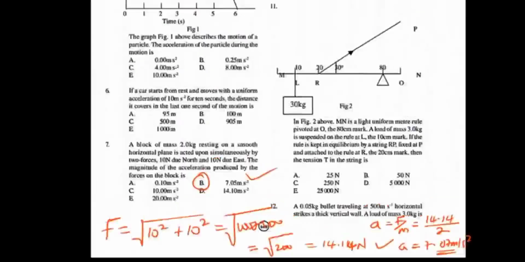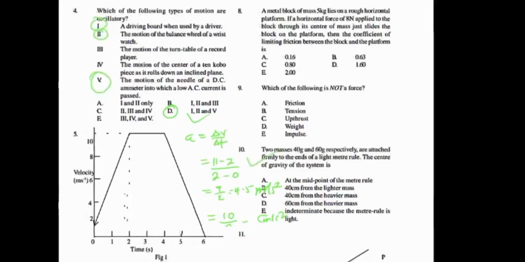Okay. So let's look at question number 10. Let me erase this so that it is clear. Question number 10: two masses, 40 gram and 60 gram respectively, are attached firmly to the ends of a light meter rule. The center of gravity of the system is what? So we have to look for the center of gravity.